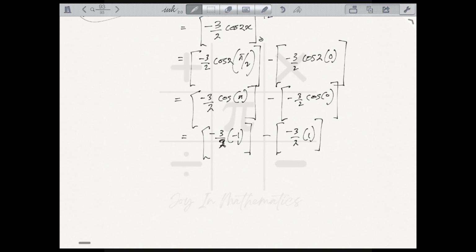So simplifying further, we have this to give us 3 over 2 minus, into -3 over 2. Therefore, this will give us 3 over 2 plus 3 over 2, and that will give us 3.